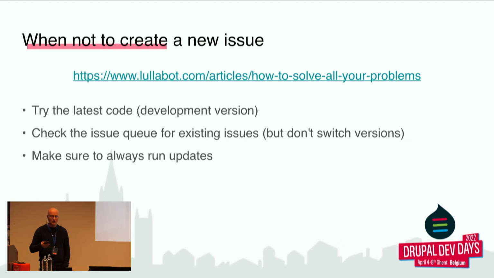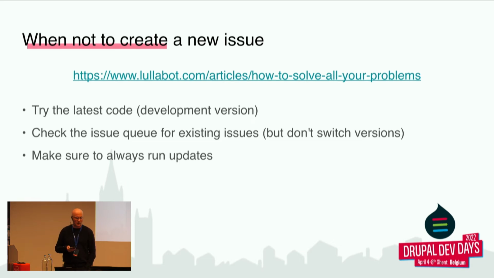Do a search for terms that somebody else might use, that you would use to describe the issue. Many times you'll actually find something then. And also make sure to run updates, the update.php script in the Drupal install or drush updb, because there's a surprising number of issues that are actually caused by not having run updates properly.